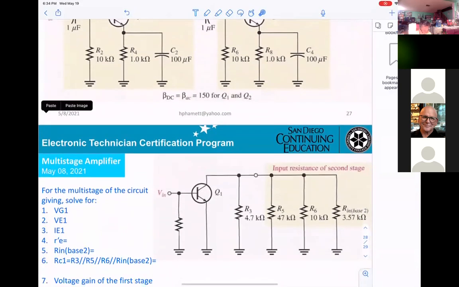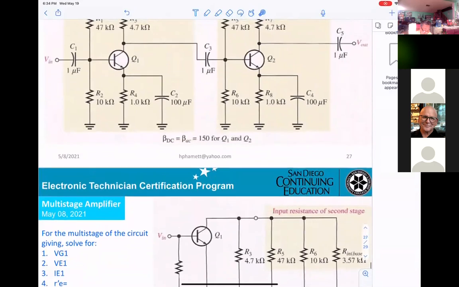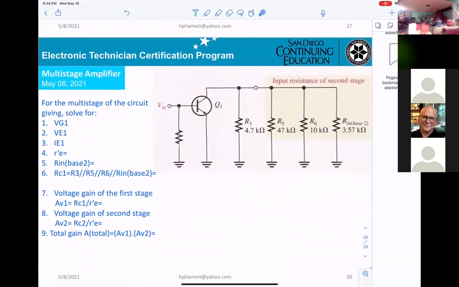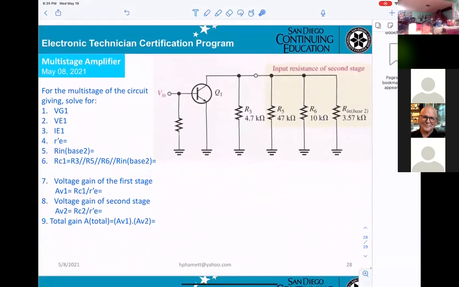After you get VE1, they want the current IE1. You take the voltage divided by R4. And this calculation will be the same for the second stage. And then they say they want R in B2.